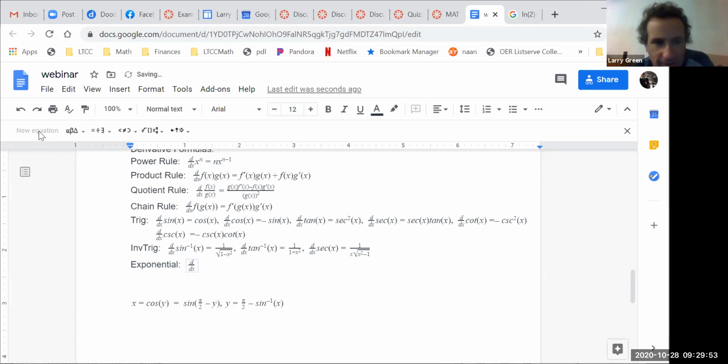The derivative of e to the x is equal to e to the x. It's my favorite. So pretty. And then the derivative of ln of x, that we need to know for this quiz today, was 1 over x.